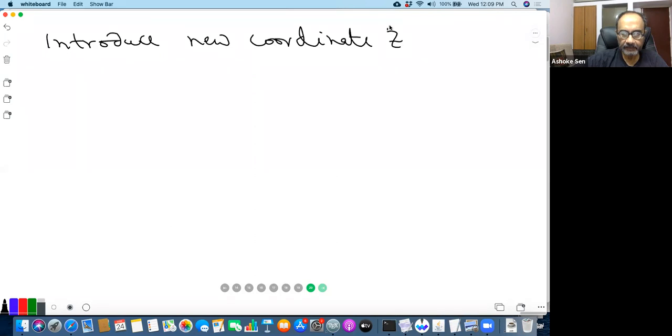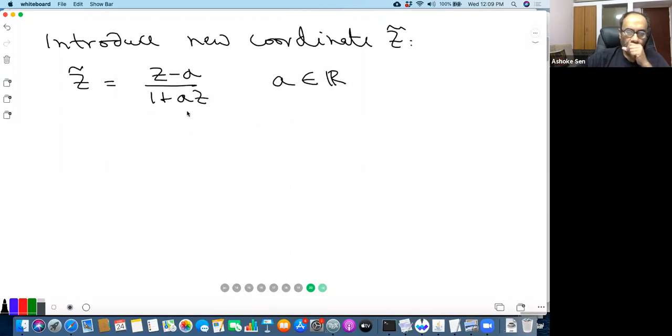Z tilde. And I'll take Z tilde again to be related to Z by SL2R, but a particular kind of SL2R. So A is some real number. Now, this particular class of SL2R has the property that Z equal to I gets mapped to Z tilde equal to I. You can easily verify this.